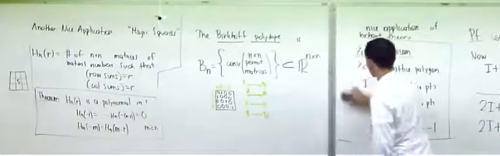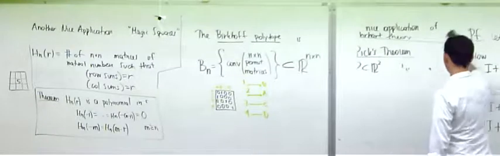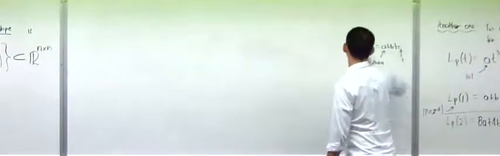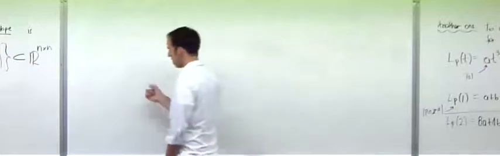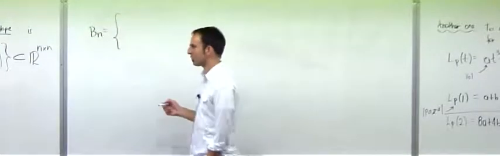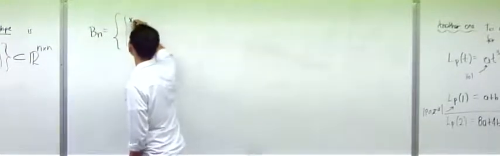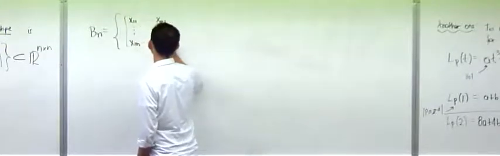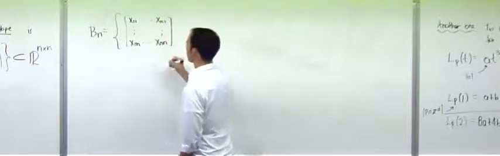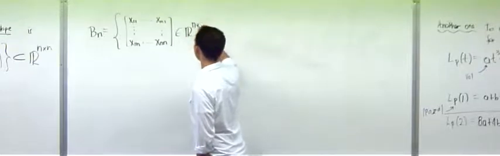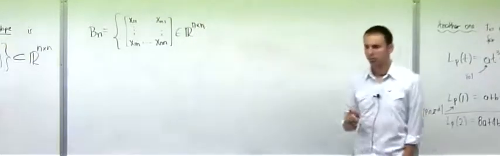So in that problem, I asked you to compute the inequality description of that polytope. And let's say what it is. This is kind of hard to do if you don't write them in this way. So Bn consists of the vectors in R to the m by n satisfying the following conditions.